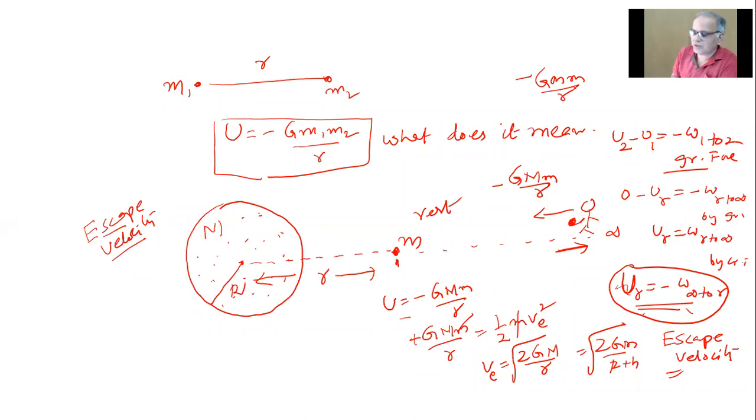So in whatever way you say, that will come from the definition only, basically. So can I continue? So at that point, the gravitational force will be doing plus GMm by r, kinetic energy will be there.